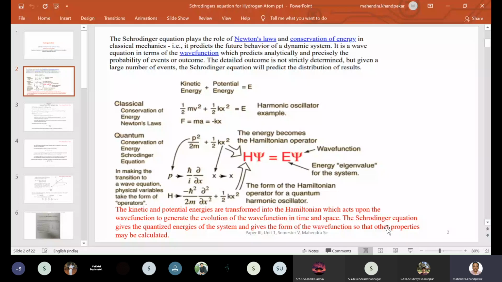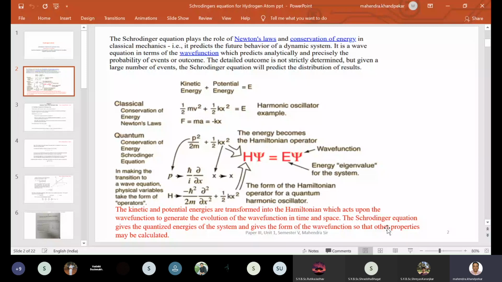It is a wave equation essentially, in terms of a wave function, which predicts analytically and precisely the probability of events or outcomes. The outcome is not strictly determined, of course, in quantum mechanics because we talk of probability, but for a large number of events Schrodinger's equation can predict by way of distribution of results.